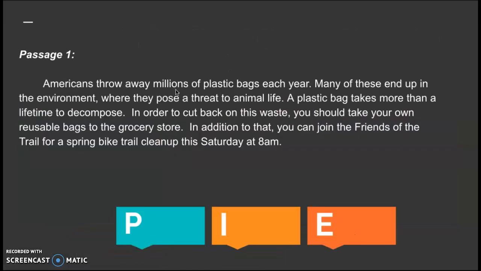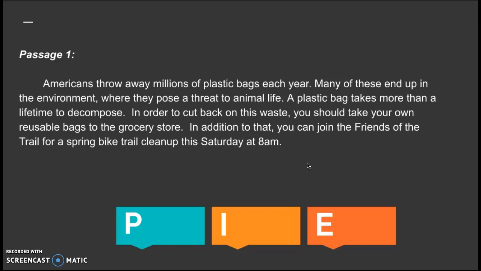All right, so now that you've learned what PIE stands for, you are going to listen as we read this passage together, and then you're going to decide if this passage is an example of persuasive, informational, or entertainment writing. Passage number 1. Americans throw away millions of plastic bags each year. Many of these end up in the environment where they pose a threat to animal life.